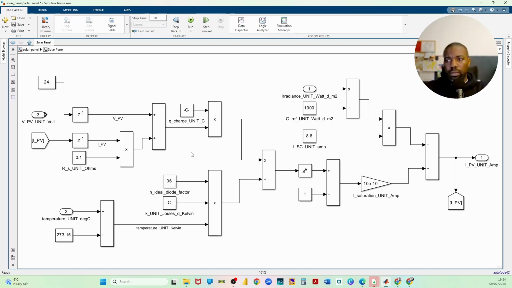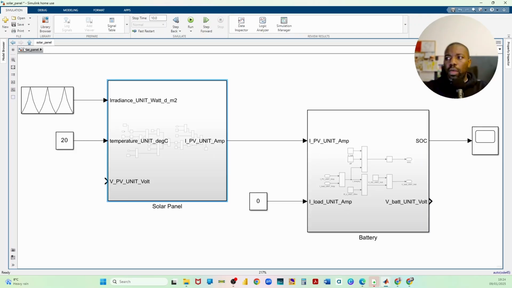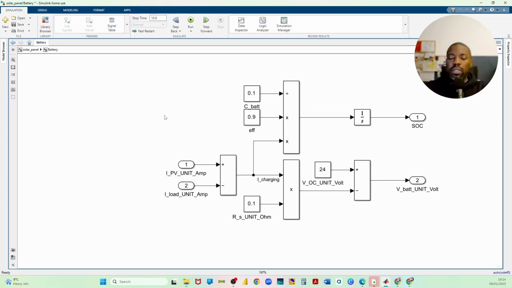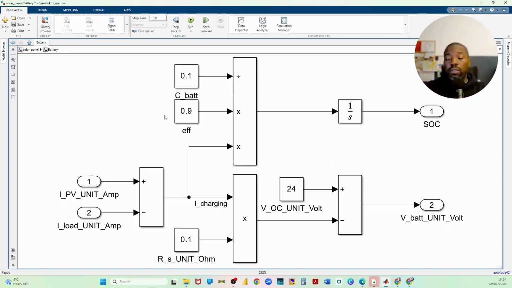Now, the next thing that is quite important is that a solar panel is connected to a battery, right? A battery is a lot simpler to model in this case than a solar panel. Of course, an actual battery is a lot more complex than what I've done here. But the current and voltage relationship for a battery can be modeled very simply.